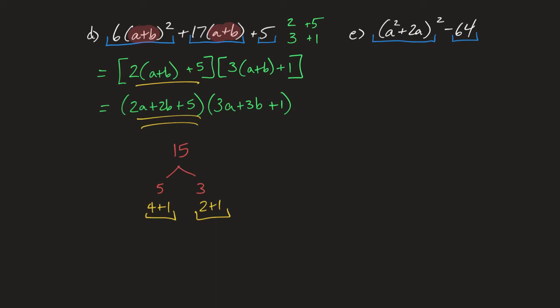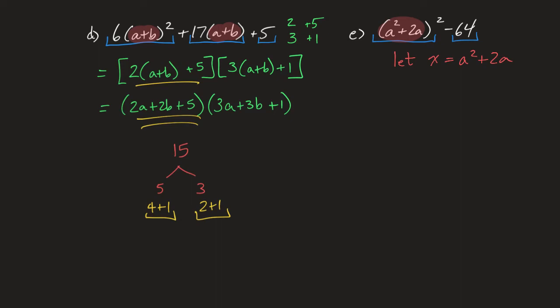Okay, let's jump into E now, because I'm going to bet that even though we may have struggled through E the first time through, we might be a lot better with this now. That is, you take a look at that expression, and we're not that thrown off by that A squared plus 2A anymore. We can see that we have 2 terms. Well, one of the other ways that we can use substitution is that if I have a multi-term expression, then maybe I can just let a single variable equal a multi-term expression.